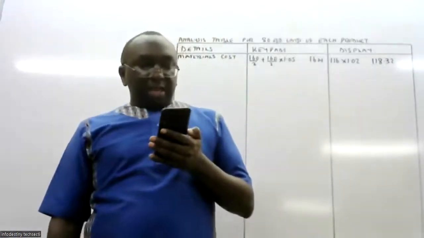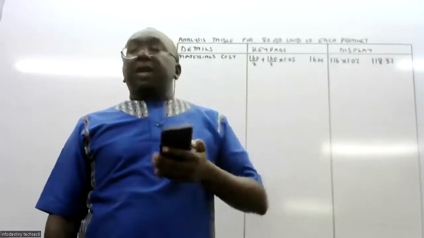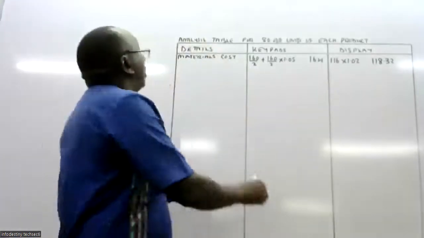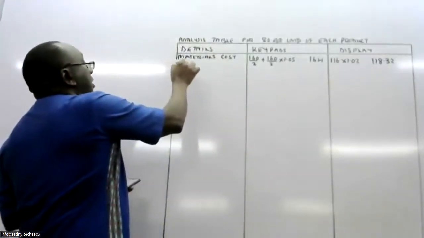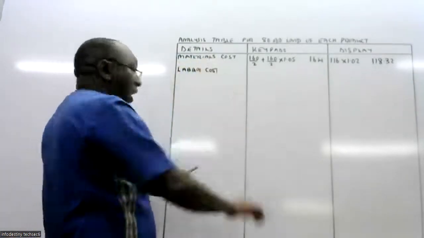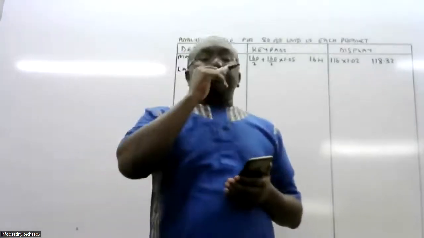Let us go to number 2, which says direct labor costs are purely variable and not expected to change over the next 1 year. So labor costs, now if it is variable, a cost is called variable if the total amount will change as the number of units change.